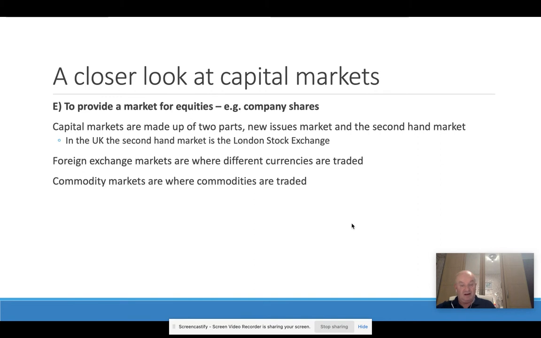The second-hand market for shares is basically the London Stock Exchange, and the reason why the FTSE 100 is often quoted is because it is the top 100 companies in the UK in terms of their market capitalisation, which is basically the number of shares times the share price at any particular time. So that's clearly one area where capital markets are used.